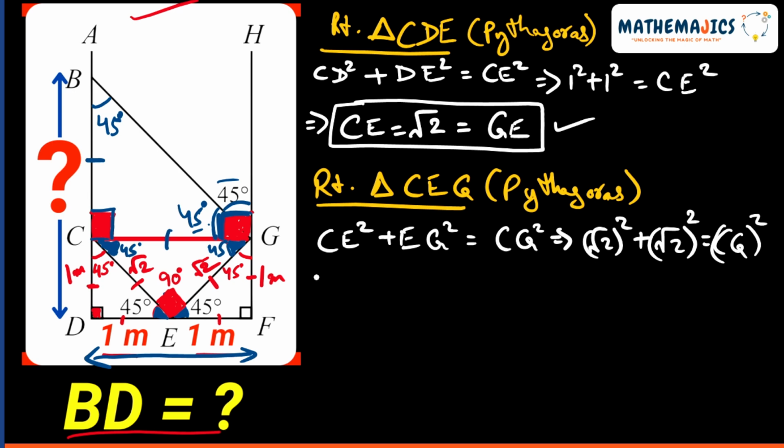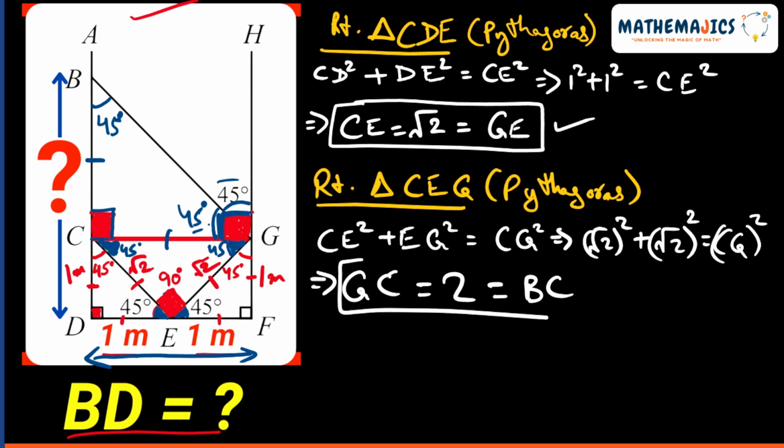This will give us CG as 2. If CG is 2 and we have seen that BC and CG are equal to each other, because triangle BCG is isosceles, that's why BC will also be 2.